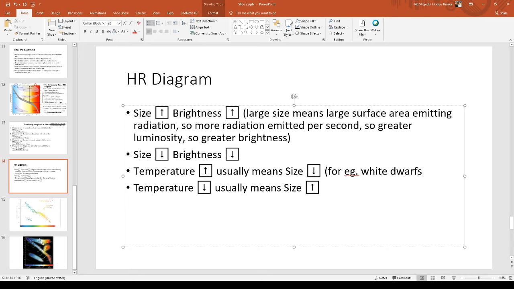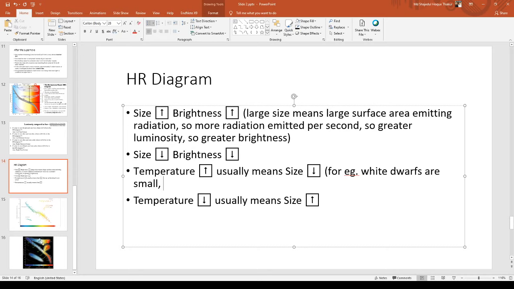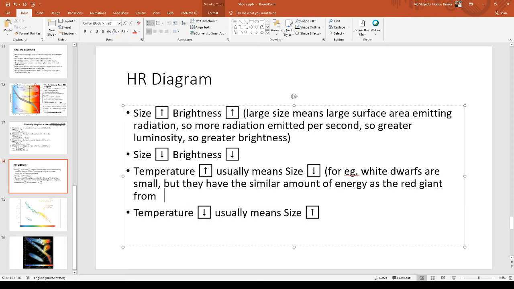White dwarfs are small, right? But they have a similar amount of energy as the red giant from which they form, right? Because white dwarfs form from a red giant. So the red giant had a lot of energy, and now the white dwarf is basically all of that energy in a very small space.